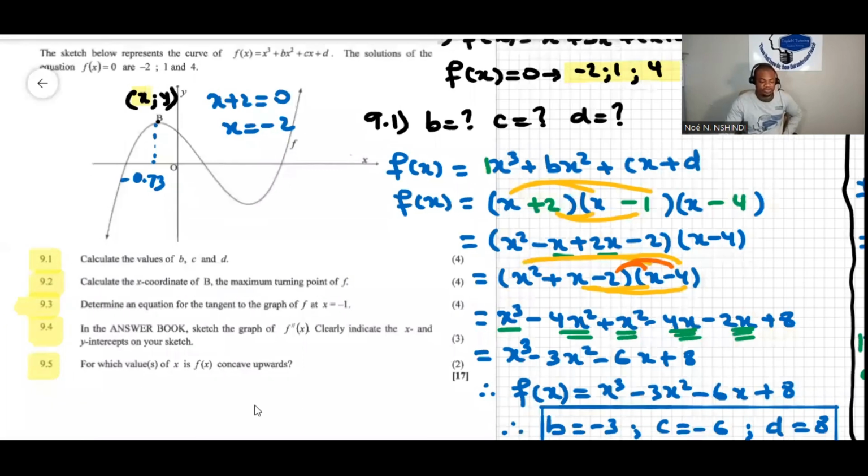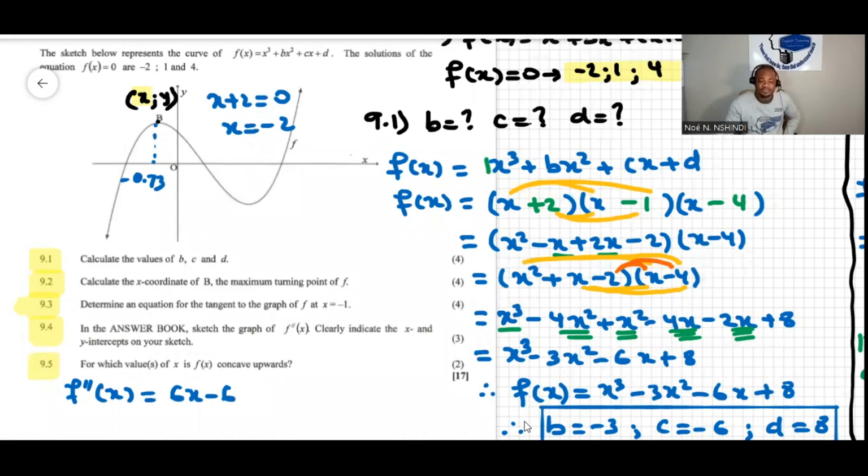It is important to note that f of x is concave up if the second derivative is greater than 0. Previously, we found that the second derivative f second of x was equal to 6x minus 6.